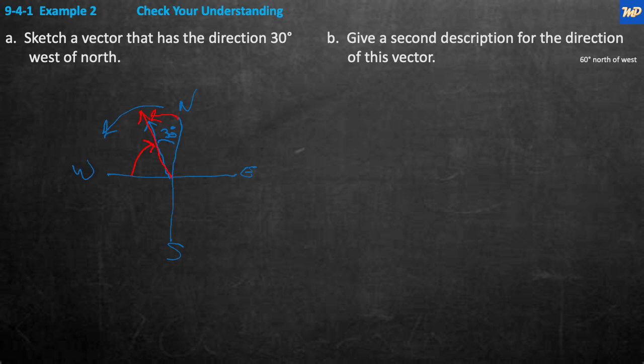So we're headed from the west to the vector. So we are 60 degrees. In this case, we're 60 degrees north of west.